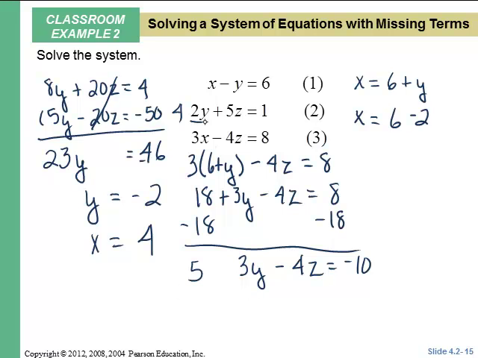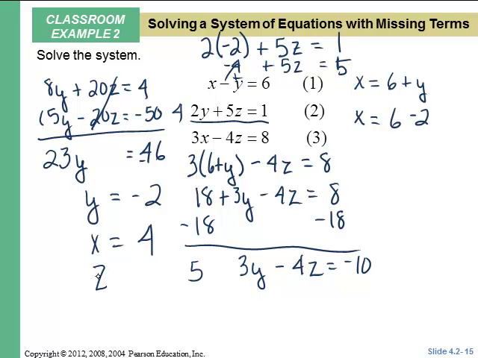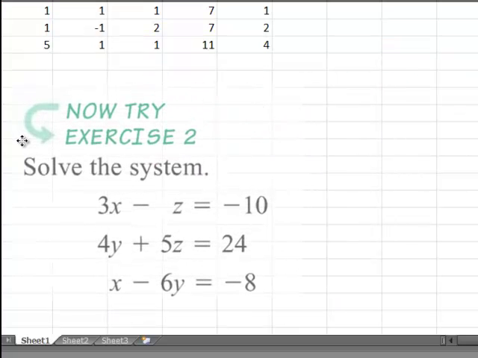We could also put y into this second equation. 2 times negative 2 plus 5z equals 1. 2 times negative 2 is negative 4, plus 5 times z equals 1. Add 4 to both sides, so this becomes 5. 5z is 5, so z is 1.